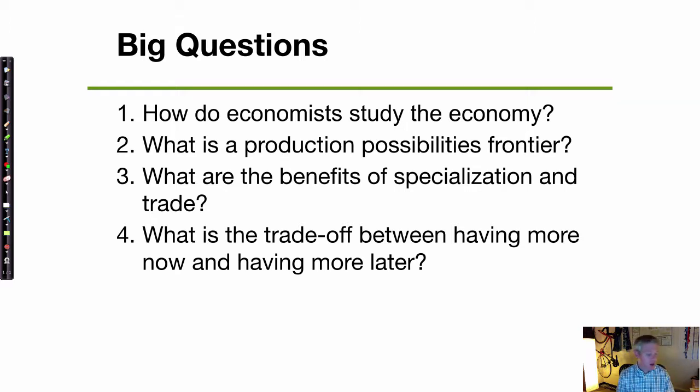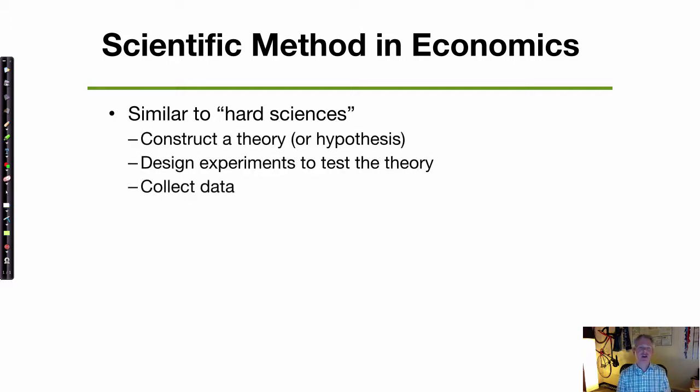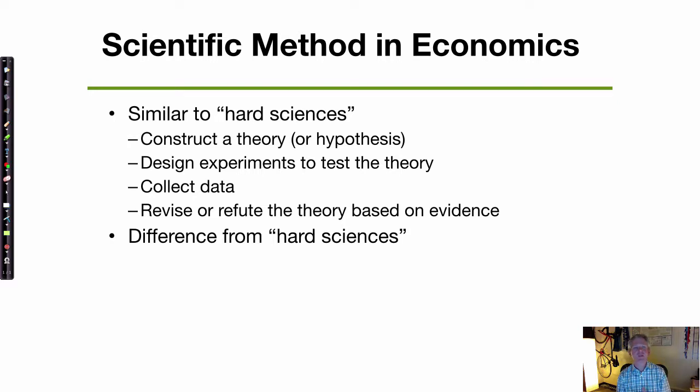All right. So what is the scientific method that's used in economics? Well, it's similar to the one used in the hard sciences. We construct a theory or a hypothesis, then we design experiments, or we go collect data to test some of the implications of the theory, and then we might revise or refute the theory based on the evidence.